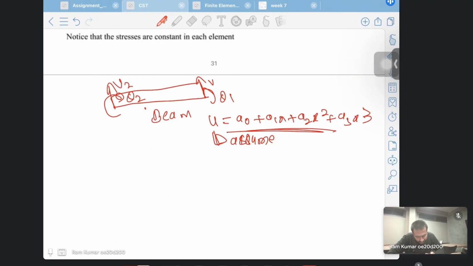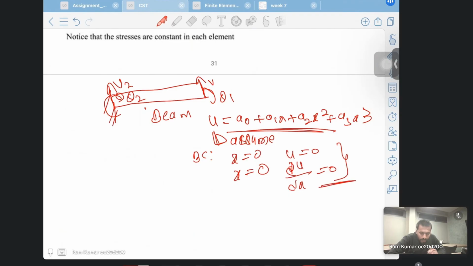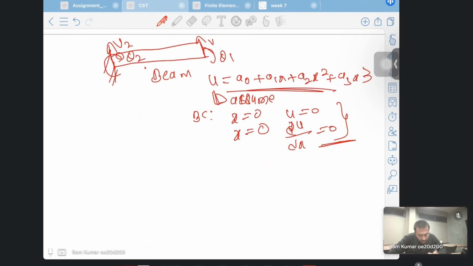Then we put in some boundary conditions. For example, I am saying this end is fixed. So at x equal to 0, u will be 0, and at x equal to 0, the slope du by dx will be 0. So these are our 2 boundary conditions. Now we are going to use the weighted residual function.